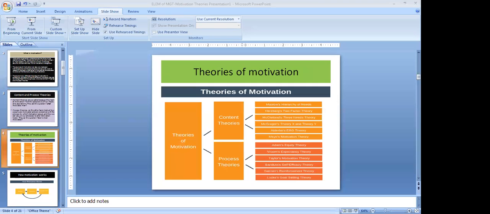The process theories, if you would like to dig deeper, I've provided links at the end of this course for resources that cover these theories in greater depth. So if you would like to read more about the process theories, you can see them at the link that I've provided.